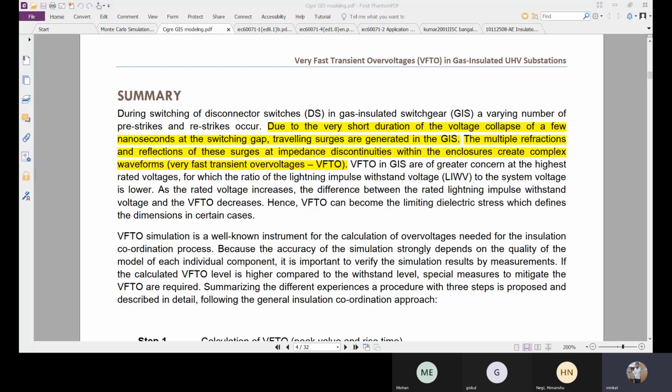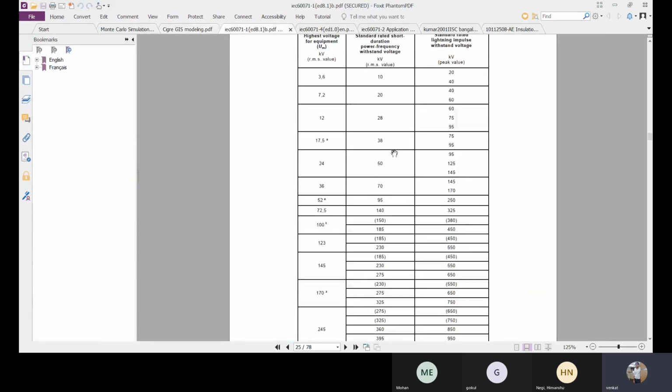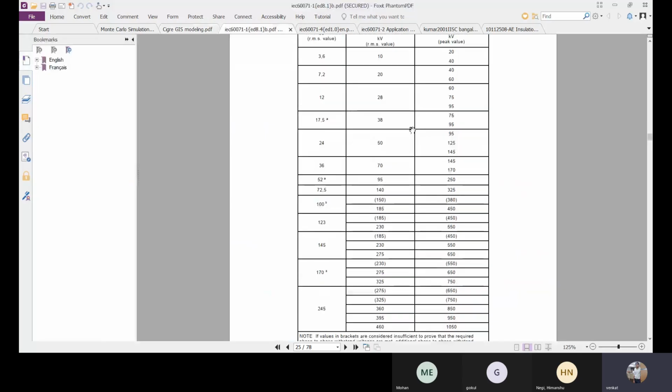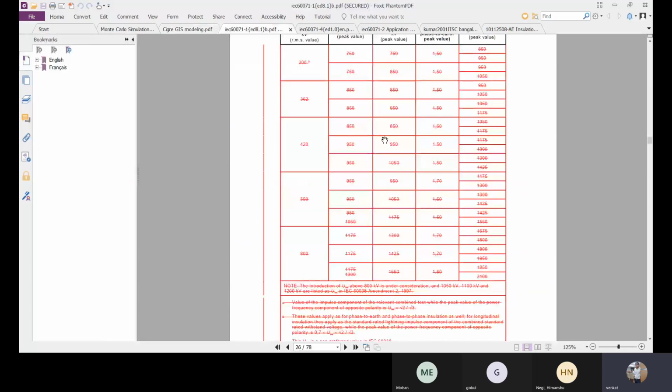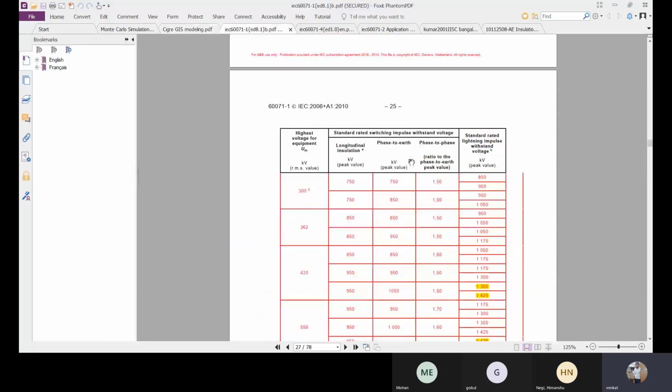For example, we have IEC 60071. There they give the overvoltage for different voltage levels. Let us take 300 kV as the rated voltage of a particular station. There, what will be the lightning impulse level?